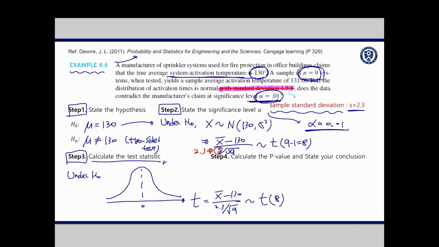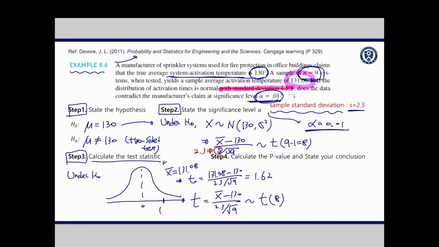And given our sample mean is 131.08, in the t distribution the test statistic is t0 equal to 1.62.